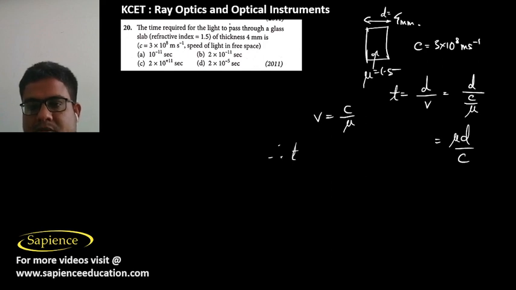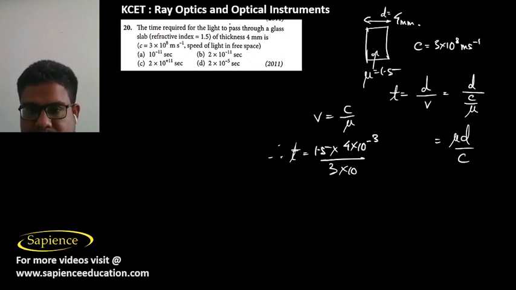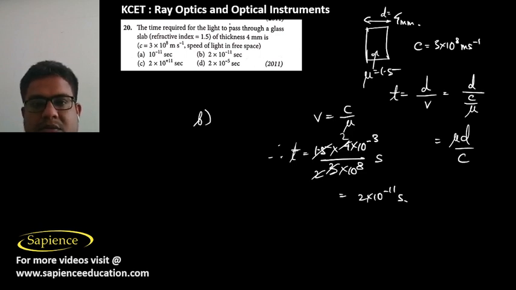Therefore, the time required will be 1.5 into thickness, that is 4 millimeters, so 4 into 10 power minus 3 meter, divided by c, that is 3 into 10 power 8. So 1.5 into 2 is 3, then it is 4. So 2 into 10 power minus 11 seconds. So option B is the correct answer.